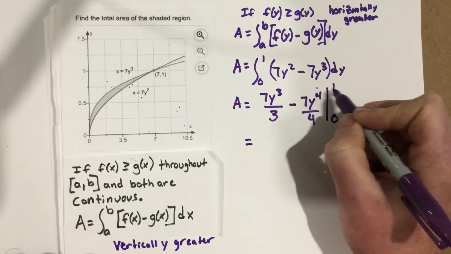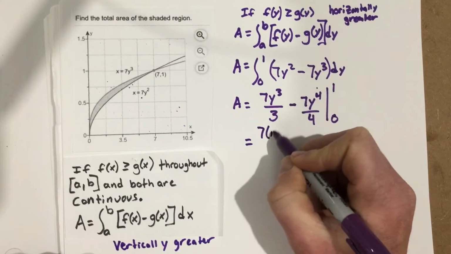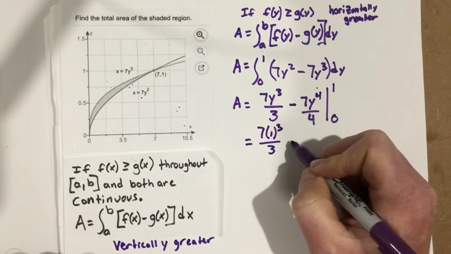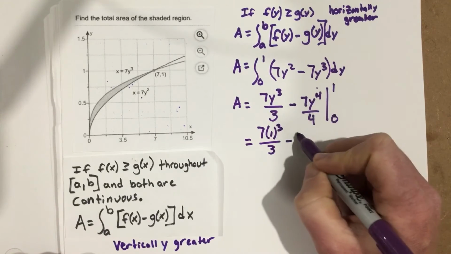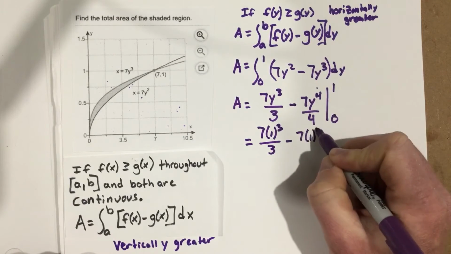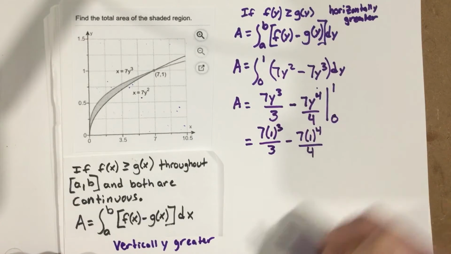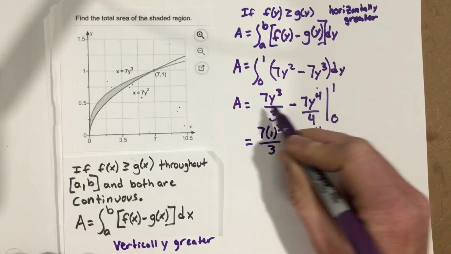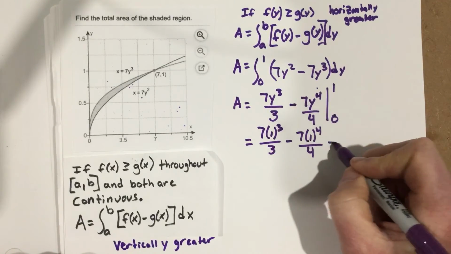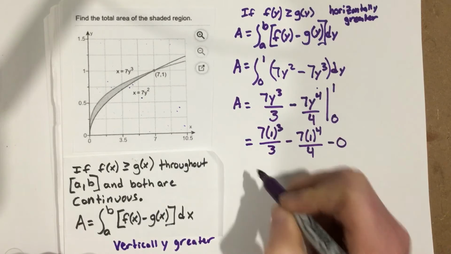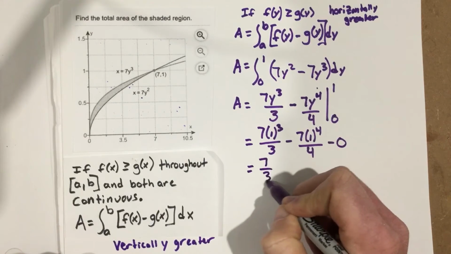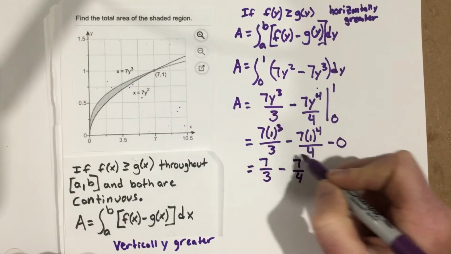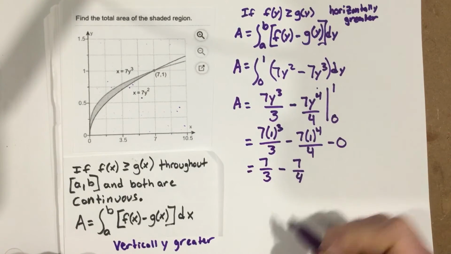When we plug in 1, we get 7 times 1 cubed over 3, minus 7 times 1 to the 4th over 4. And then when you plug in 0, they cancel out in both spots, so we're going to say minus 0. This gives you 7/3 minus 7 over 4, right? 1 cubed is 1 times 7, 1 to the 4th is 1 times 7.